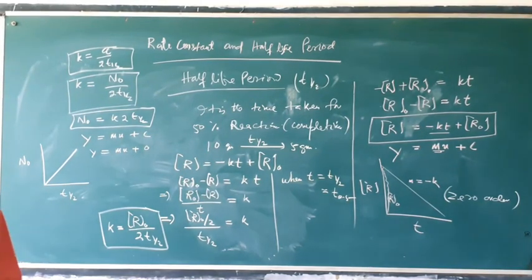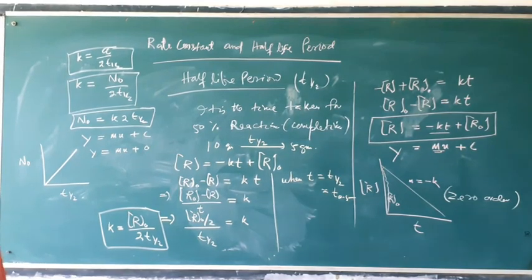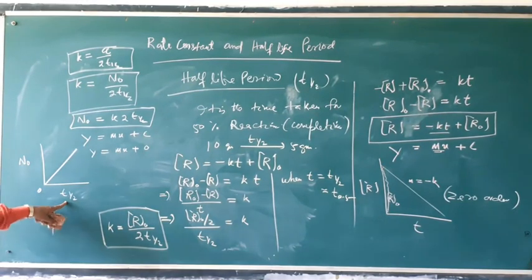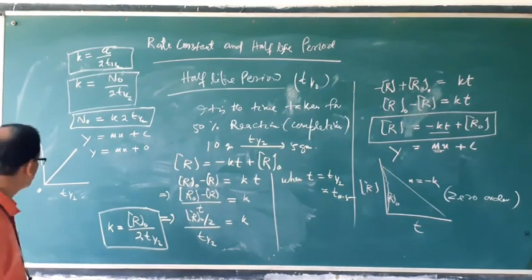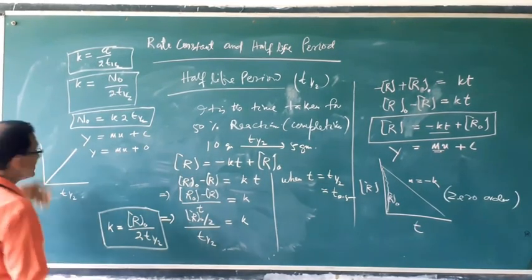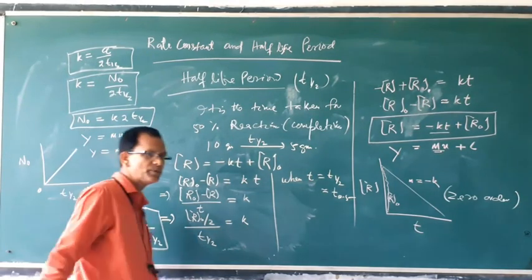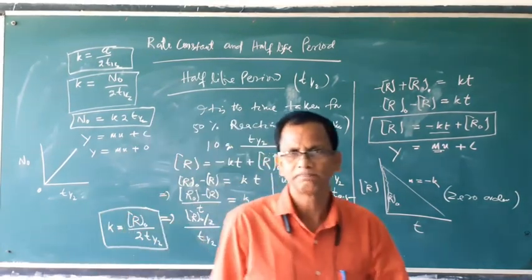Why is it a straight line? Because there is no intercept; here the c value is 0. So the graph passes through the origin. This is the expression of N0 and T-half. What does it mean? Write down that the half-life period depends directly upon the initial mass.